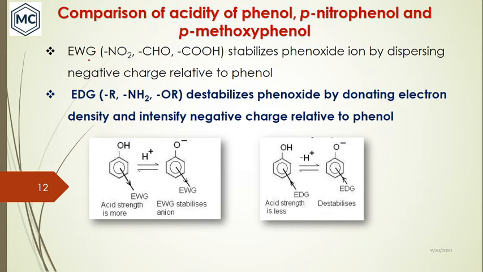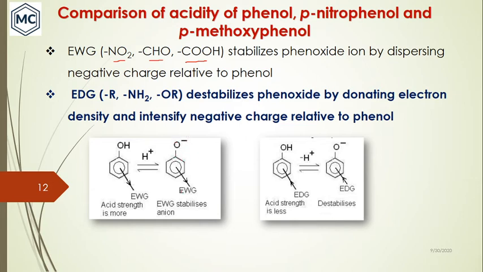Next we are looking at what happens to this phenoxide ion stability when you attach groups like electron withdrawing groups such as NO2, aldehyde CHO, carboxylic acid or cyano to this nucleus. What happens to the stability of the conjugate base?